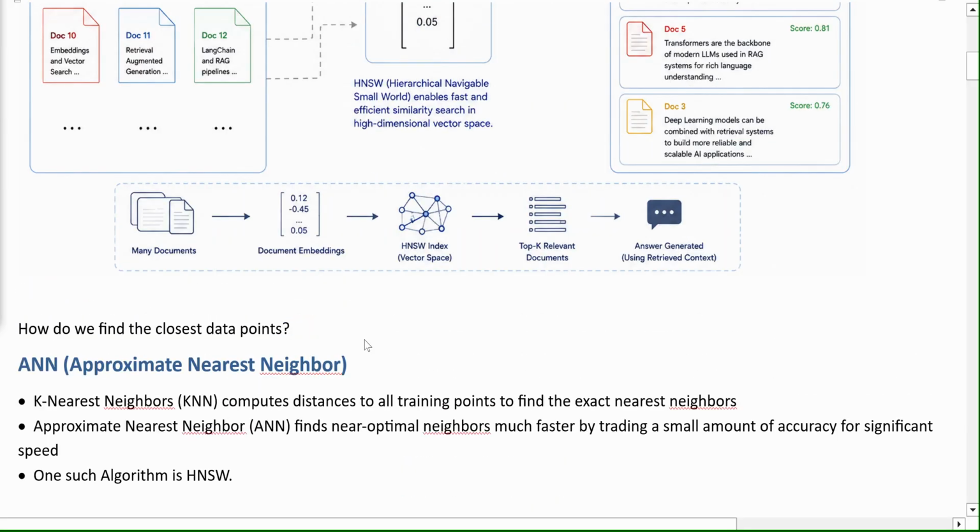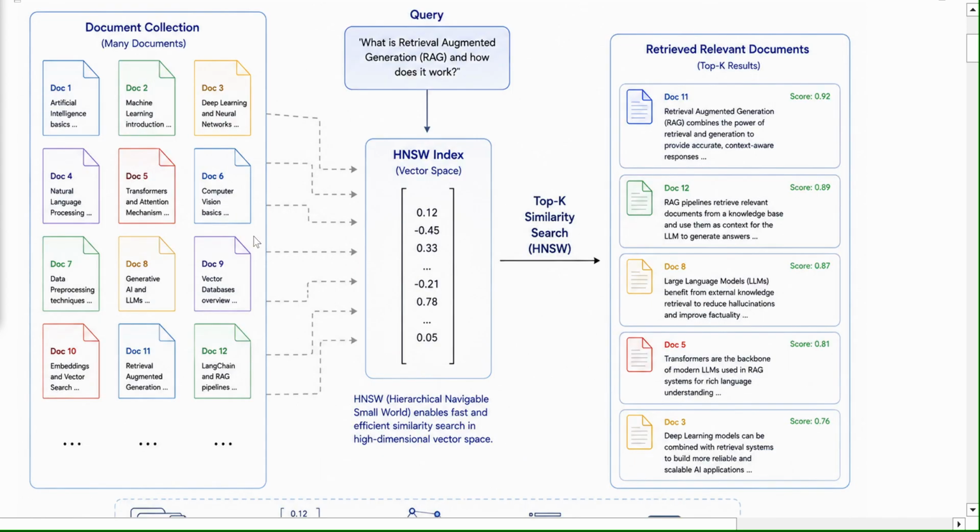Before you understand approximate nearest neighbor, let's say this is a query and we want to find the top three relevant documents from these datasets. What's the best thing that we can do? We can go one by one and check the similarity between the query and each document, compare all the documents, and pick the top three documents from it.